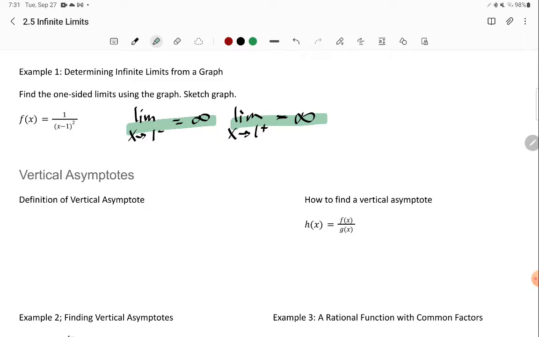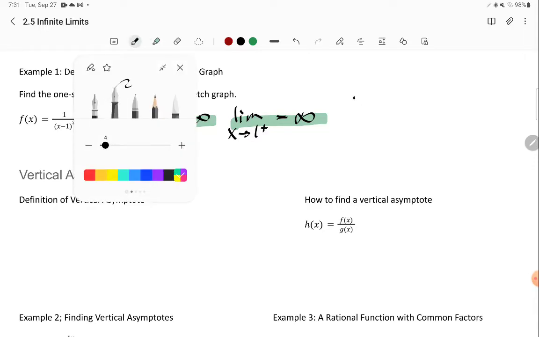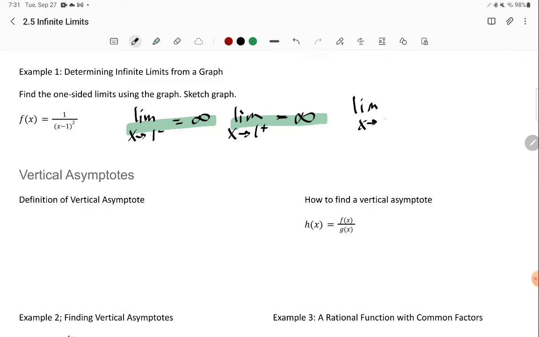Even though we say the limit as x approaches 1 is equal to infinity, so this would be a true statement, that doesn't mean that the limit actually exists. We're just saying that this is unbounded and the limit fails to exist for that reason.